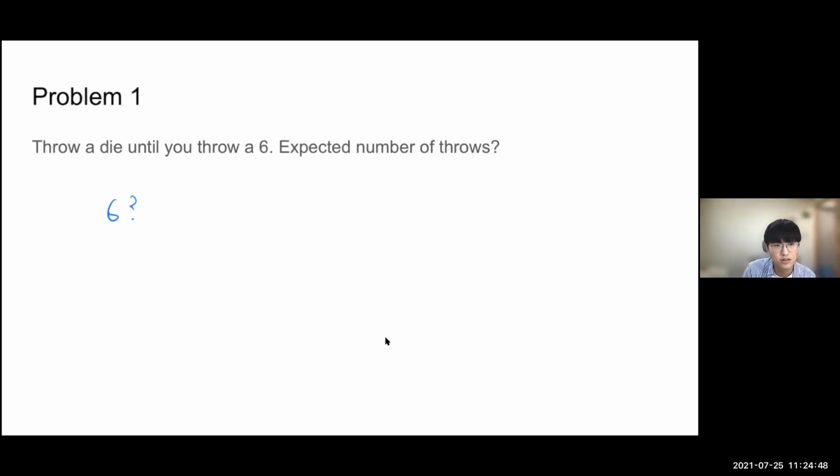Yes, so there is a probability of 1/6 of throwing a 6. How does that relate to the expected number of throws?